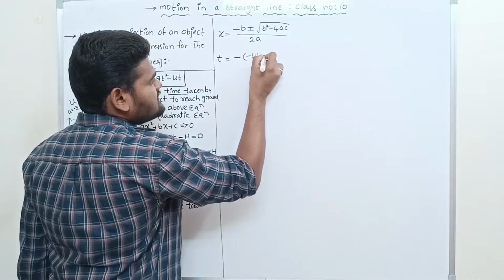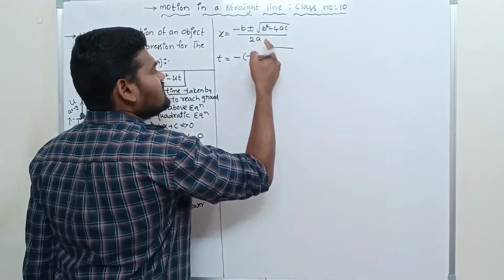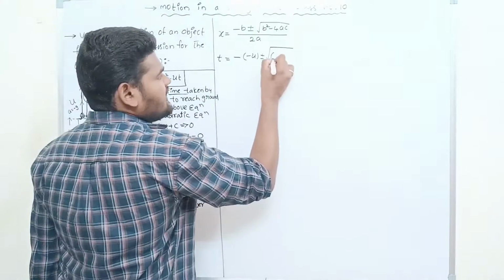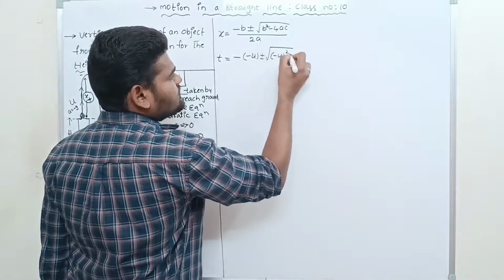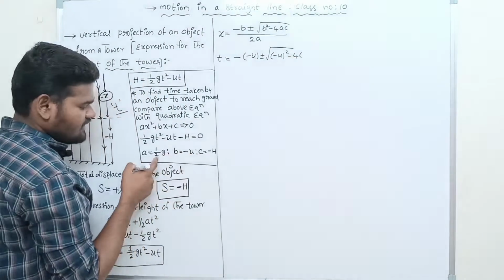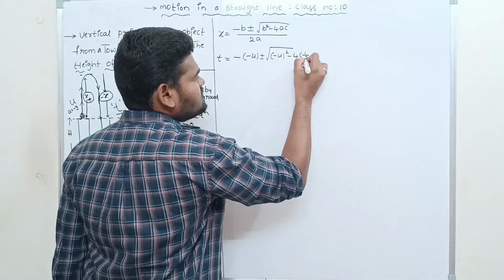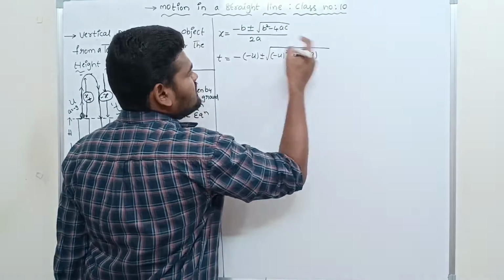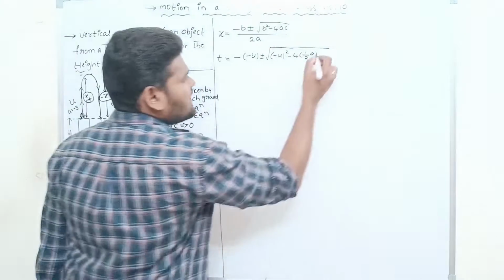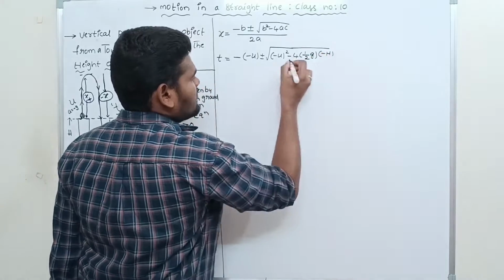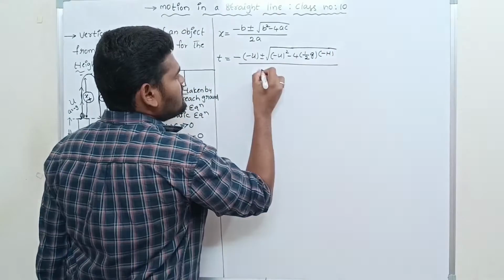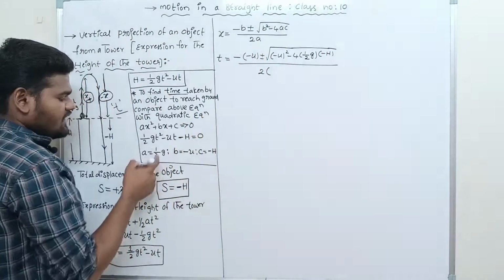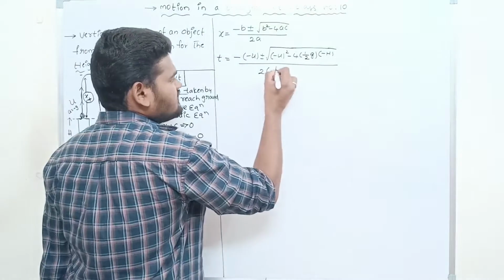Minus u plus or minus under root of, what is b square? Minus u square minus 4. What is the value of a? A is equals to half into g. Into c. What is the value of c? Minus h, divided by 2 into a. What is the value of a? 1 by 2 into g.